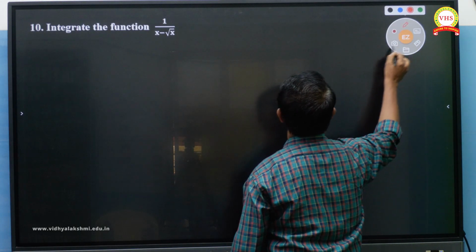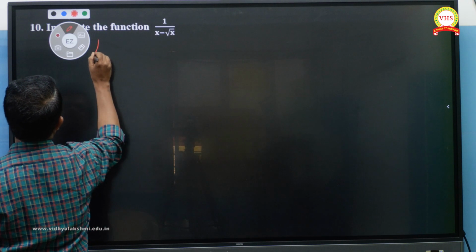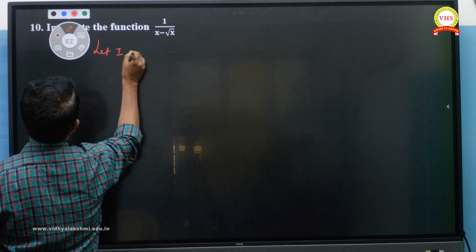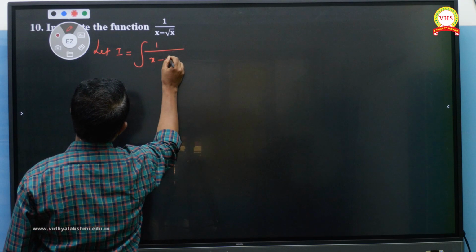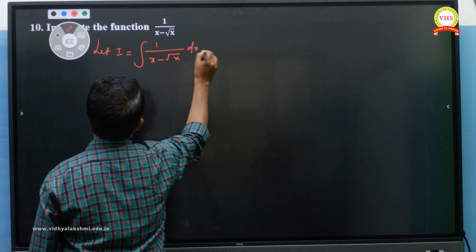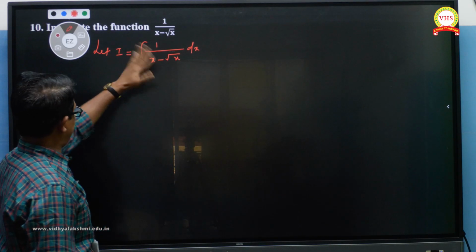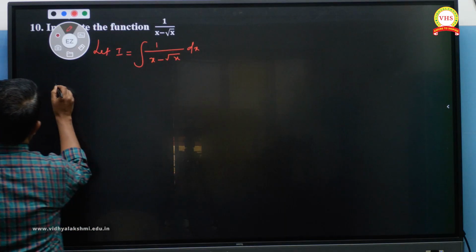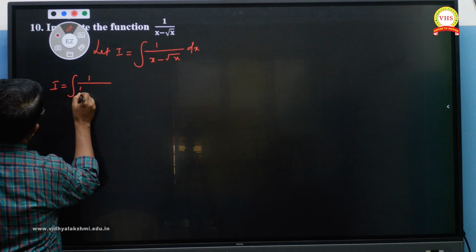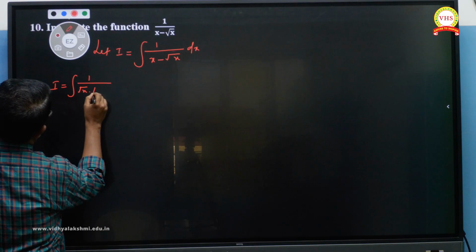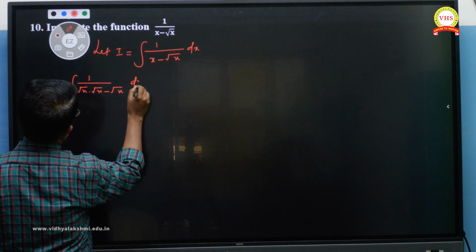Here, let I equal to the integral of 1 by x minus square root of x into dx. Now we are unable to take direct integration, so some adjustment here. I equal to the integral of 1 by square root of x into square root of x minus root of x plus dx.